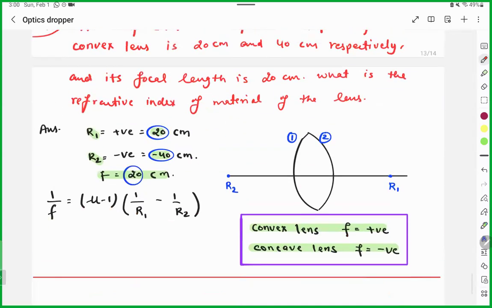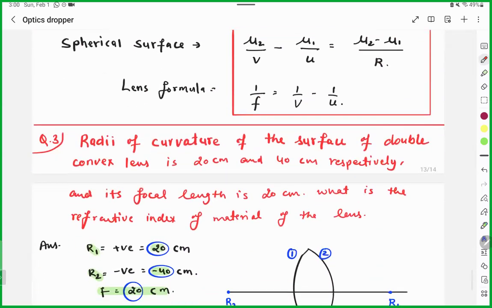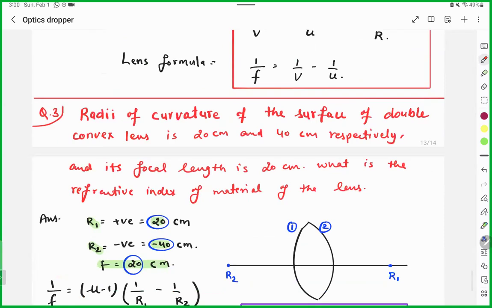But Sarah, you are there. For you, lens maker formula and refraction through a spherical surface are all extremely important for the subjective paper. Okay, go through it.